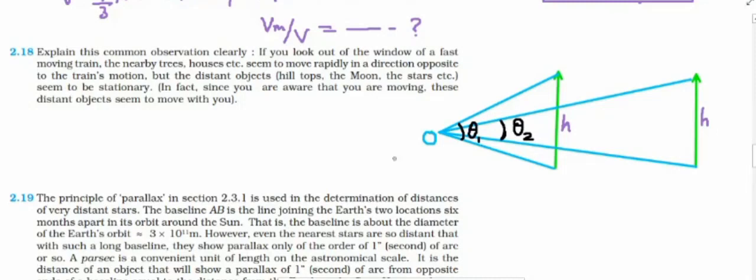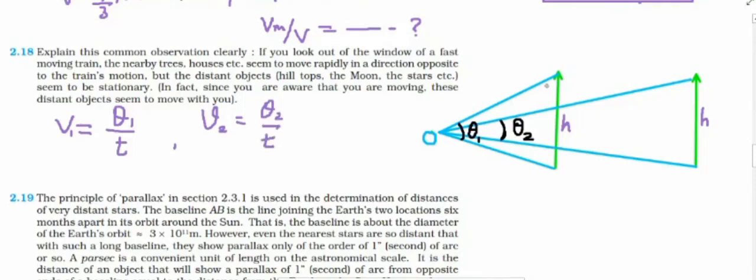Now assume that you observe both of them during the same time interval. In the case of the object close to you, you can write its velocity, or we can say the speed. Okay, that will be better. The speed of the first object is v1 equal to theta 1 divided by t. While for the second object, v2 is equal to theta 2 divided by t.